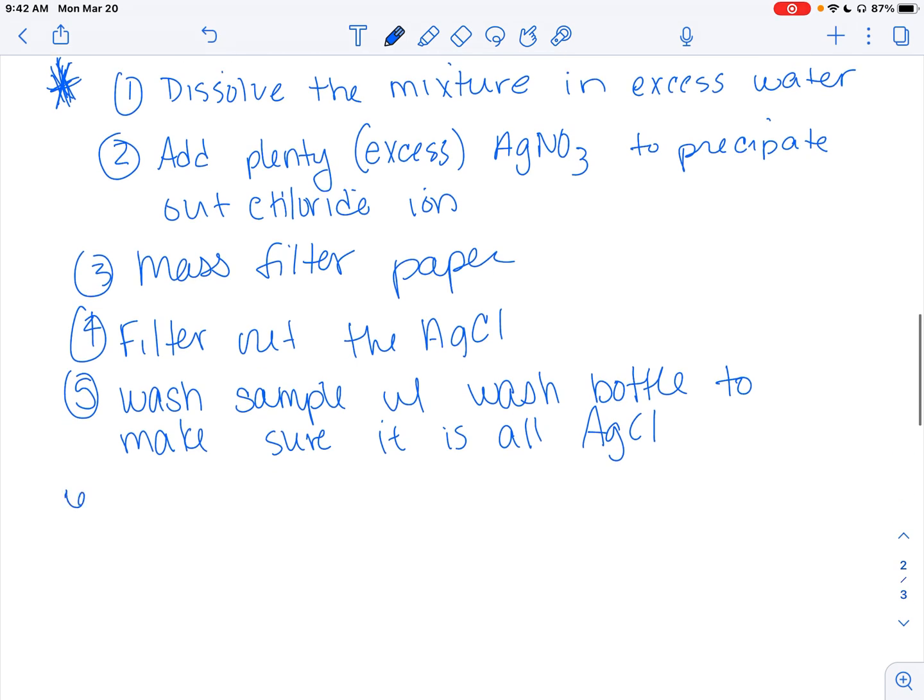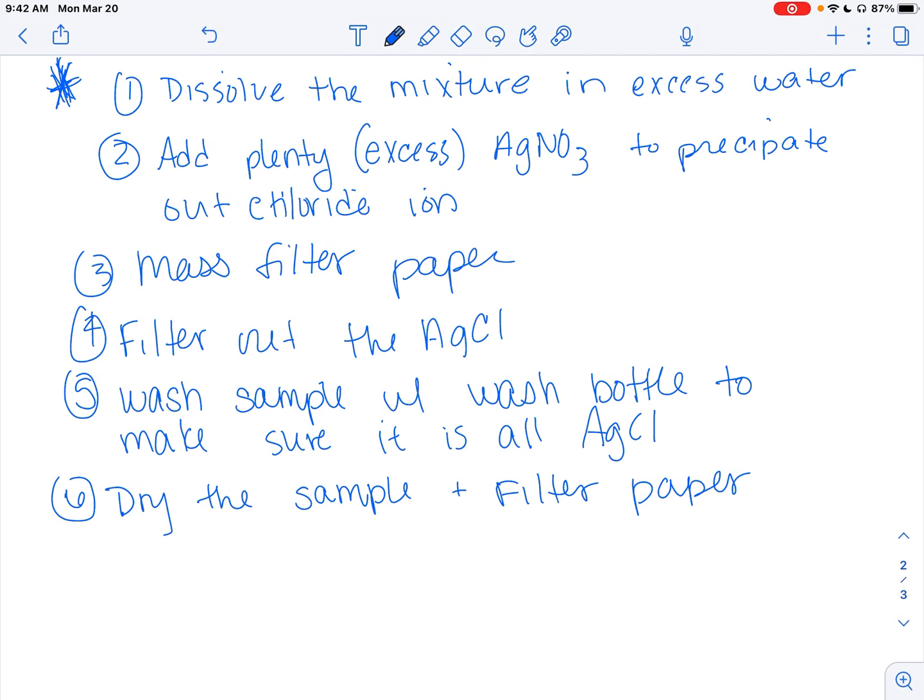Then make sure you dry it, and you can say however you want to dry it. I think when we did it at the beginning of the year, we just left it overnight to dry because we had a weekend. You can also put it in an oven to dry it, but you're going to dry. And then you're going to mass it.